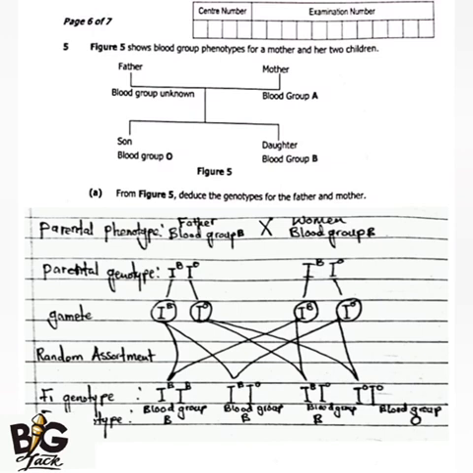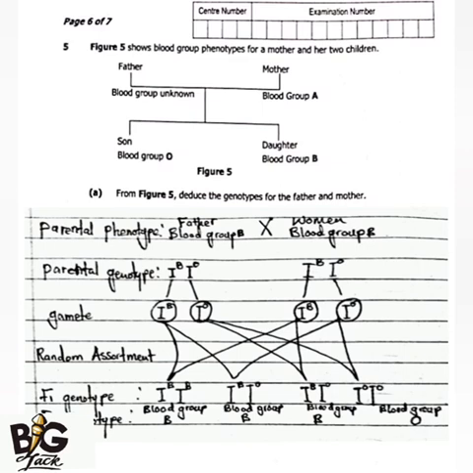Here we are going to have the F1, which is the first filial genotype. Remember, genotypes are represented by alleles. That's why I'm putting the F1 genotype. We are going to have blood group B as homozygous dominant. Then the next one is blood group B as heterozygous dominant, followed by blood group B as heterozygous dominant.